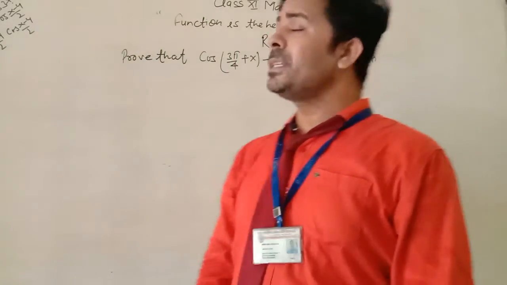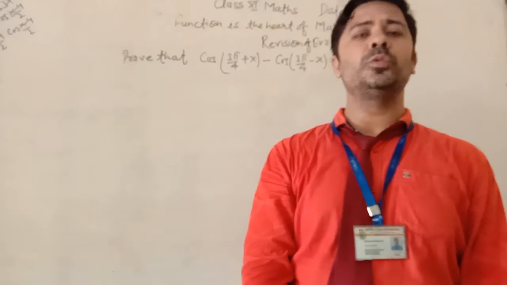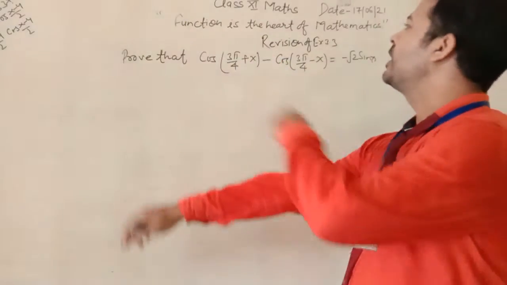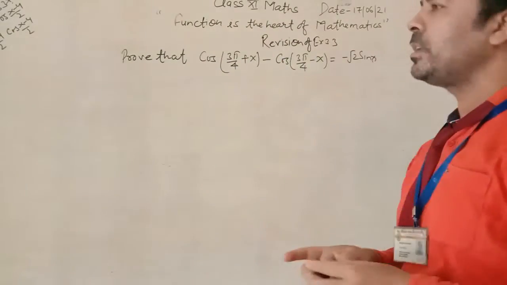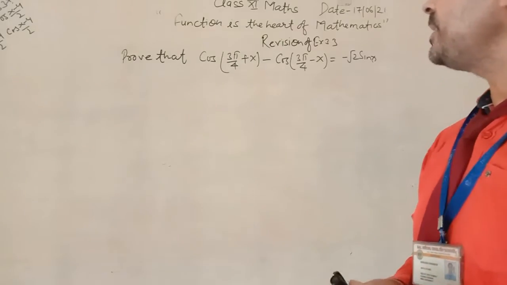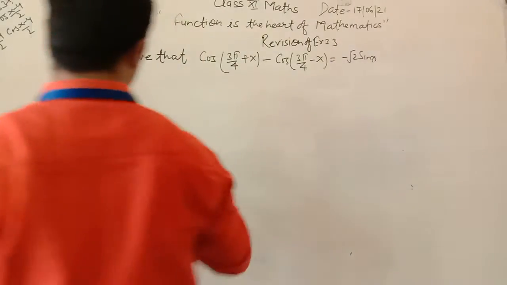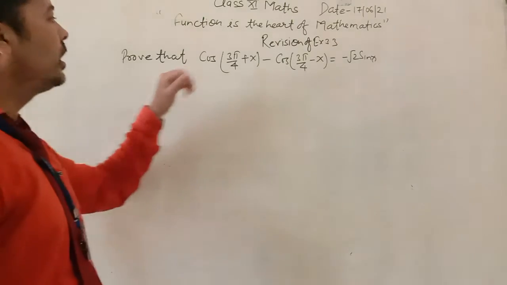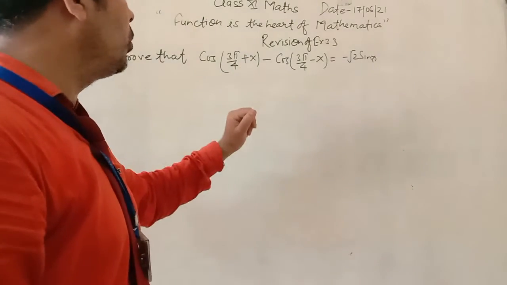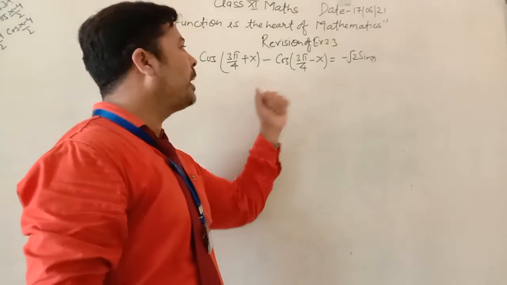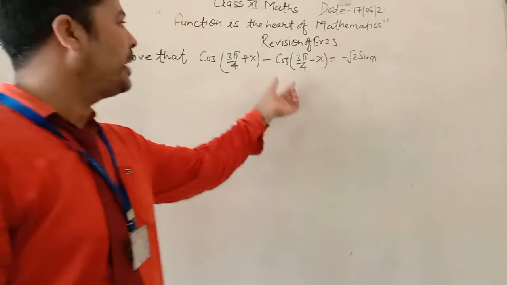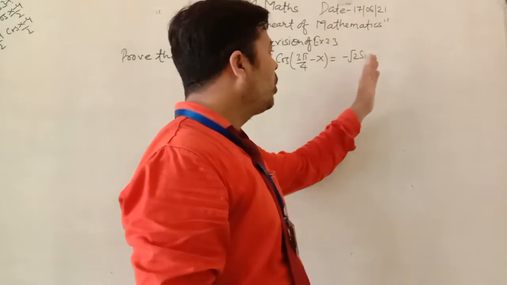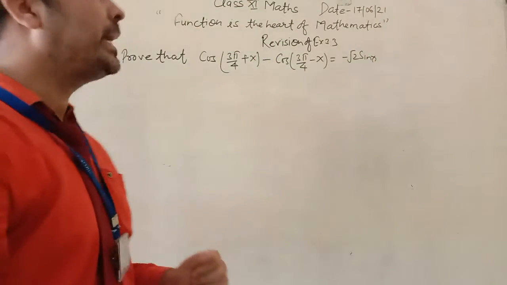Today's date is 17th of June 2021. This is a revision of exercise 3.3 from NCERT. The question is to prove that cos(3π/4 + x) − cos(3π/4 − x) is equal to −√2 sin x.